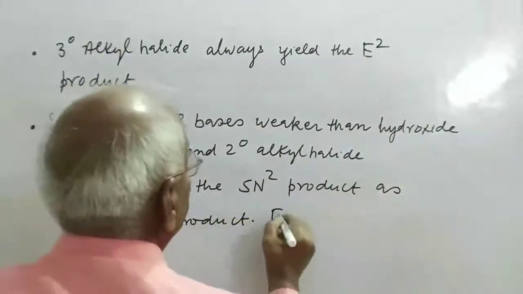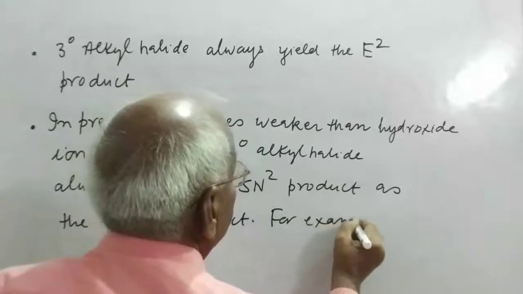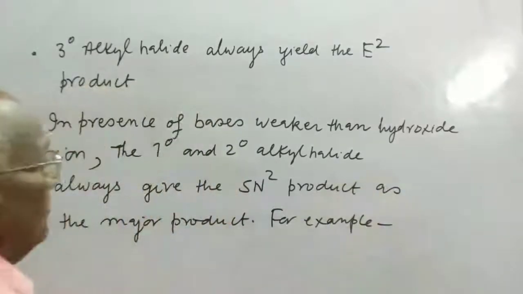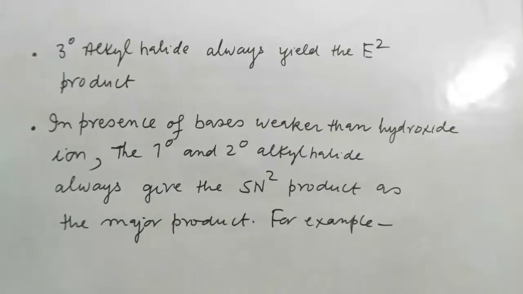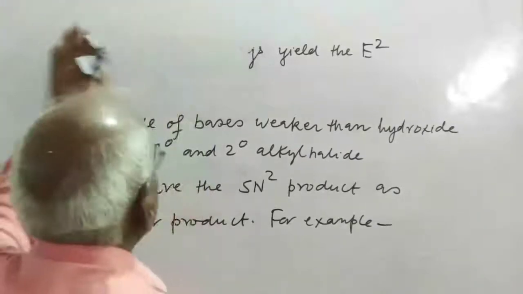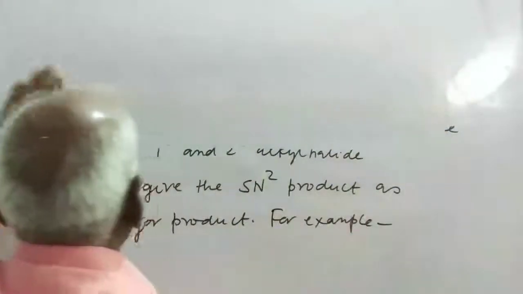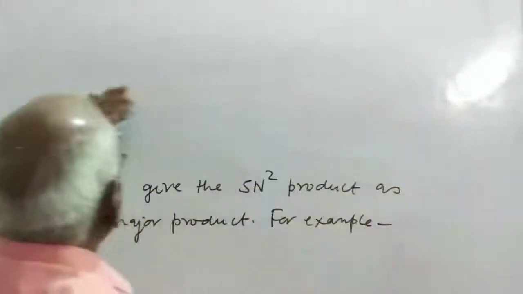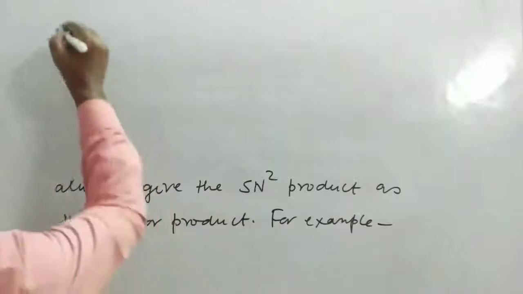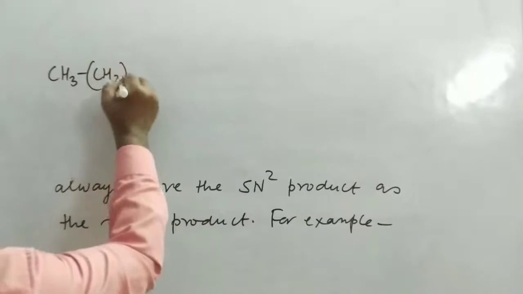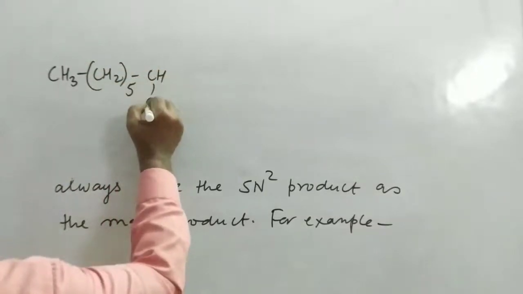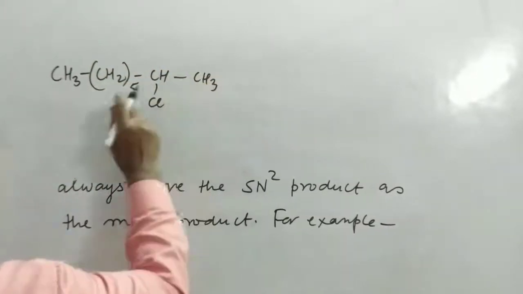For example, this is CH3 (CH2)5 CHCl CH3.